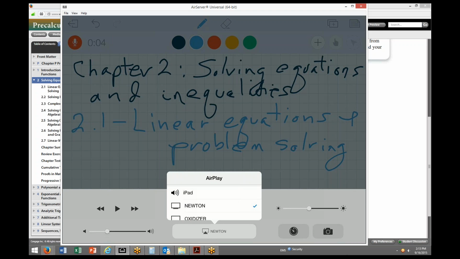It's not giving me the option for mirroring.